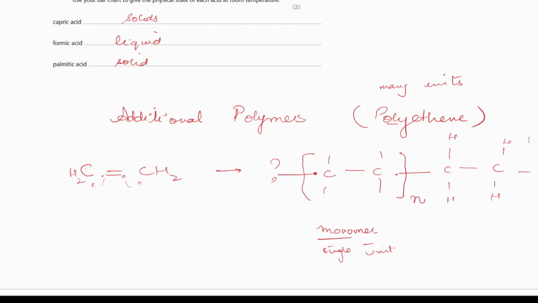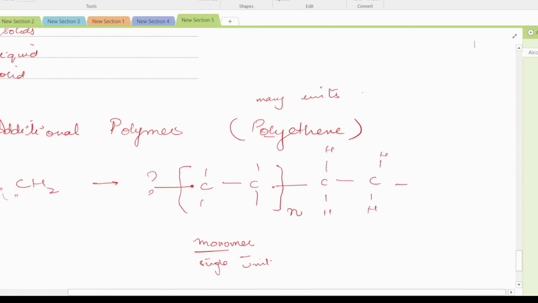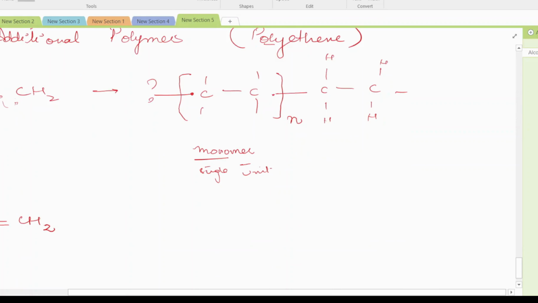Polypropene. Can you make a polypropene? It will be CH3, CH double bond CH2. Let me make it. Now you have to show the repeating units.